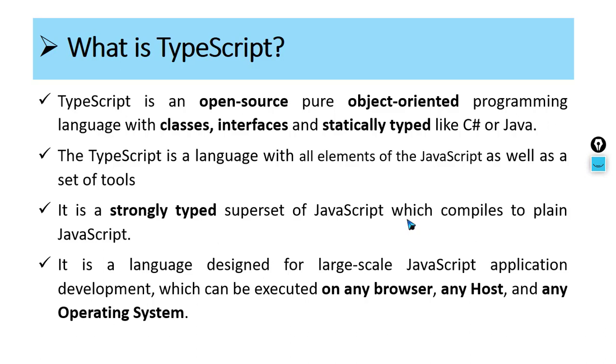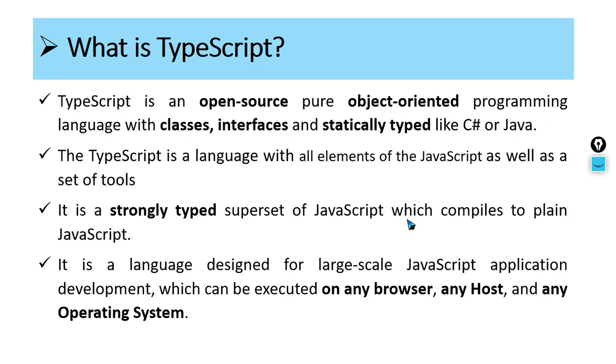It is a strongly typed superset of JavaScript which compiles to plain JavaScript. That means once you write a program in TypeScript, you have to convert it into JavaScript. It is compiled into JavaScript, and JavaScript will render in a web browser. So basically this is the flow. It is strongly typed.